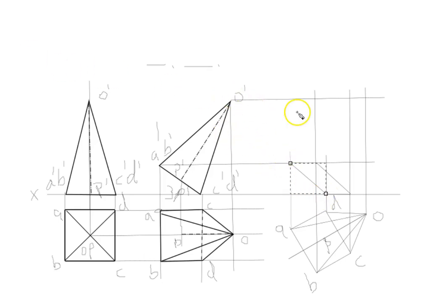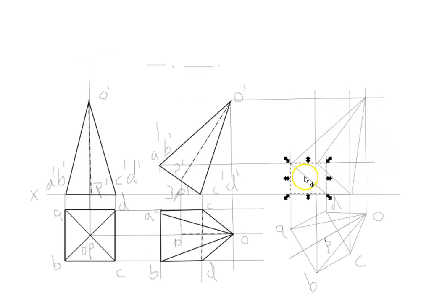And now we also have this point O. So we mark all the edges like this. So that is clear.